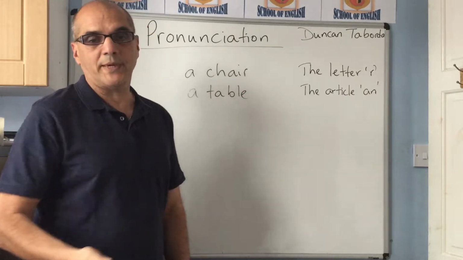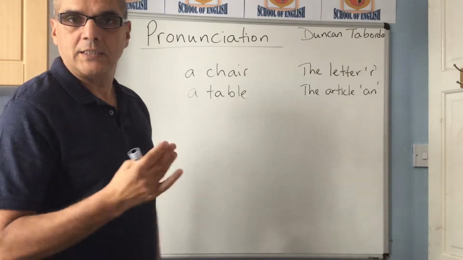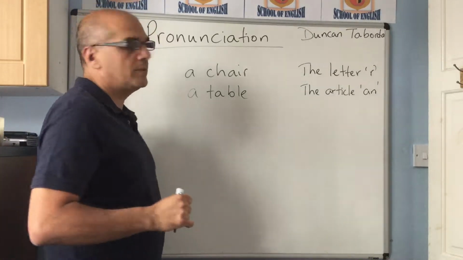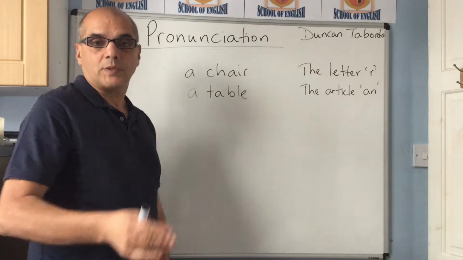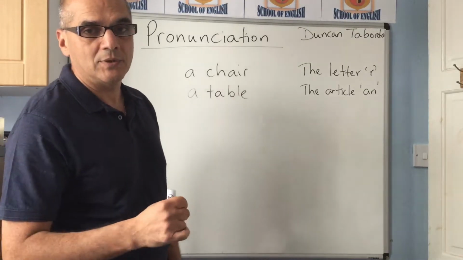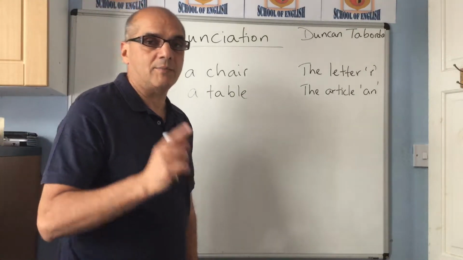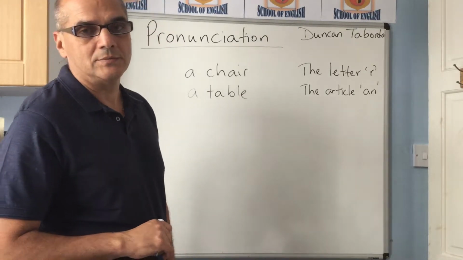Table begins with a T, or the sound T. Not a vowel sound. So we put a. While I'm sitting on a chair at a table, I decide to eat some fruit. And guess what I'm going to eat? I'm going to eat apple.